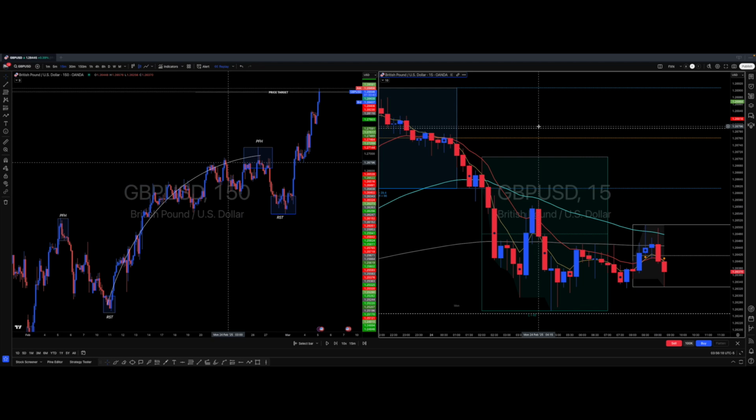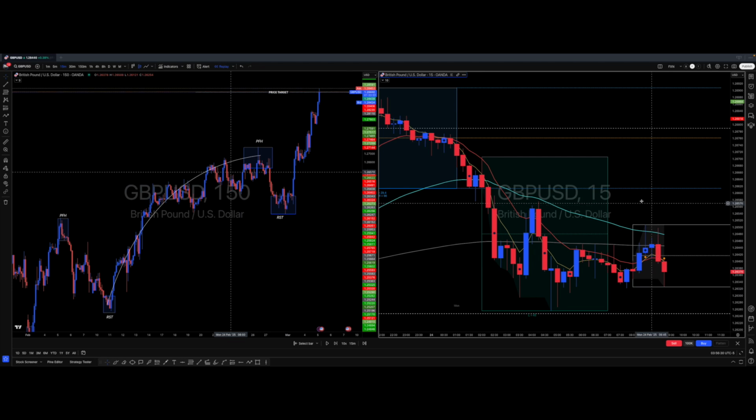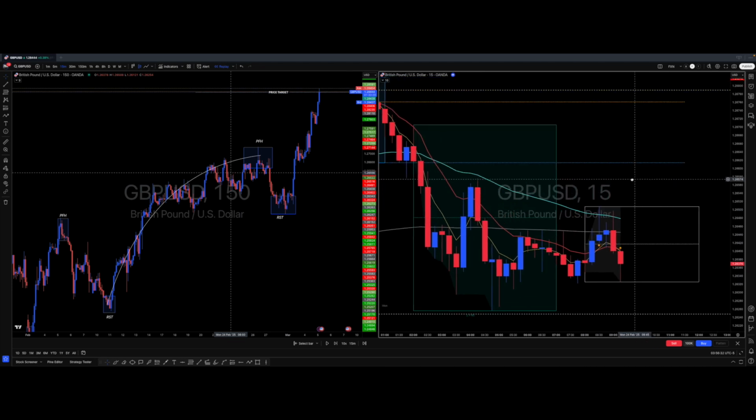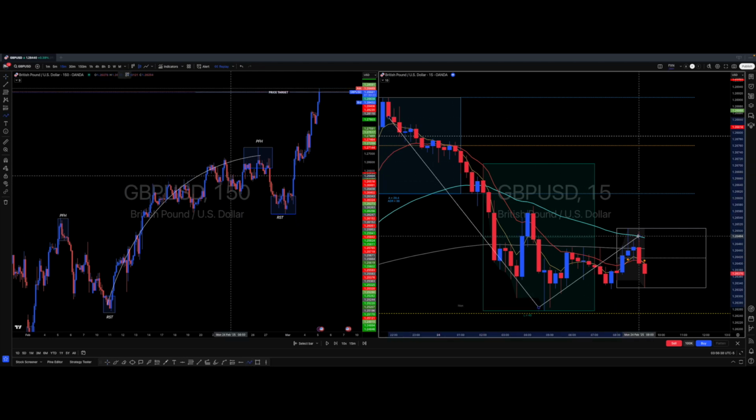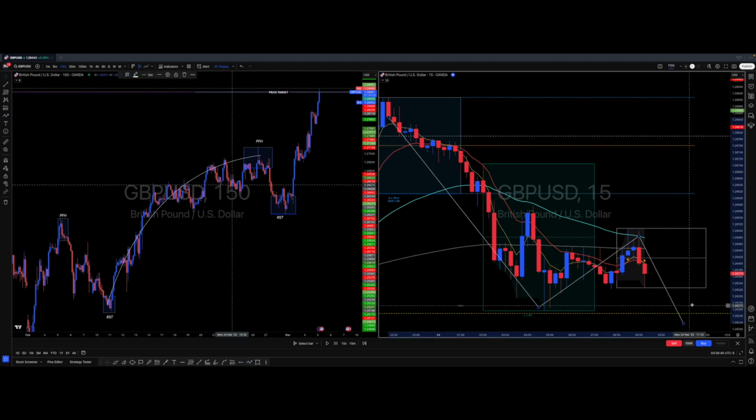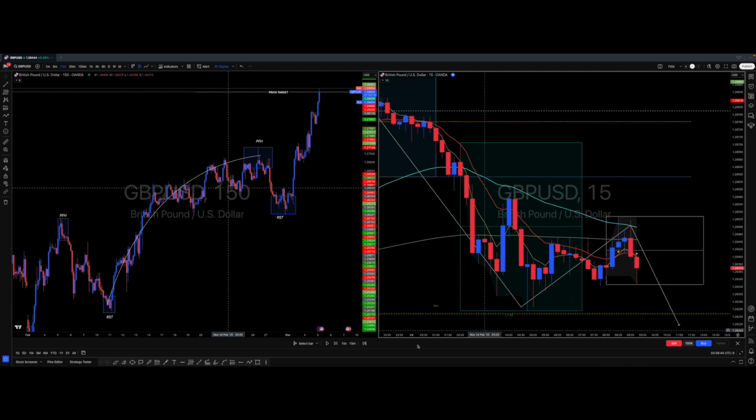You really don't have a directional bias per se in the US session, because you can trade both ways. Now, if you were early on from the get-go looking at the US session, you possibly could have seen this as a possible continuation trade like this, if you're looking at it from that perspective.